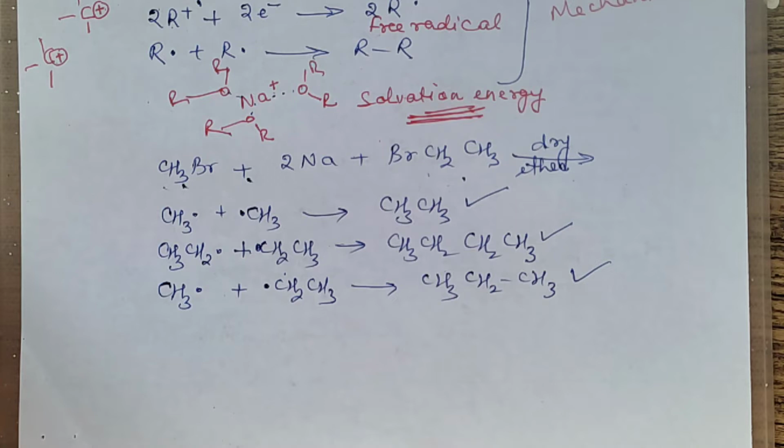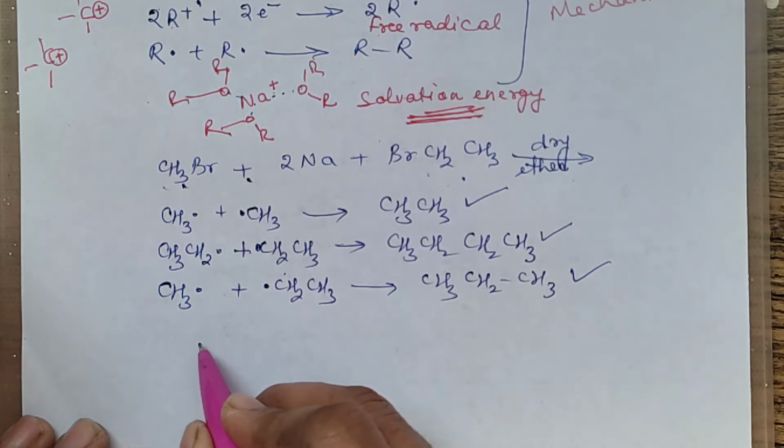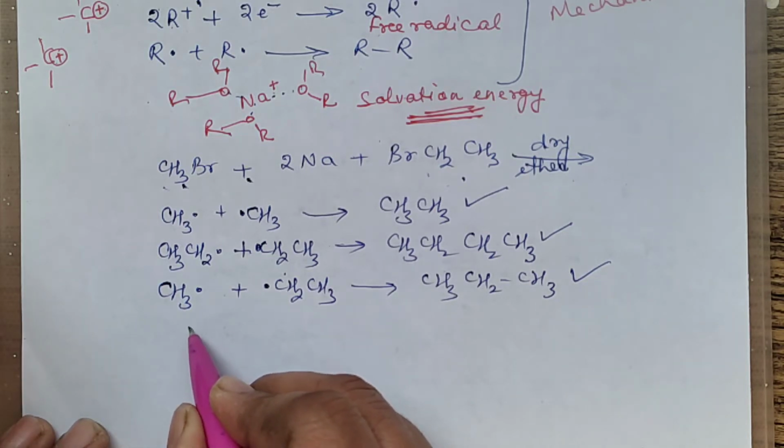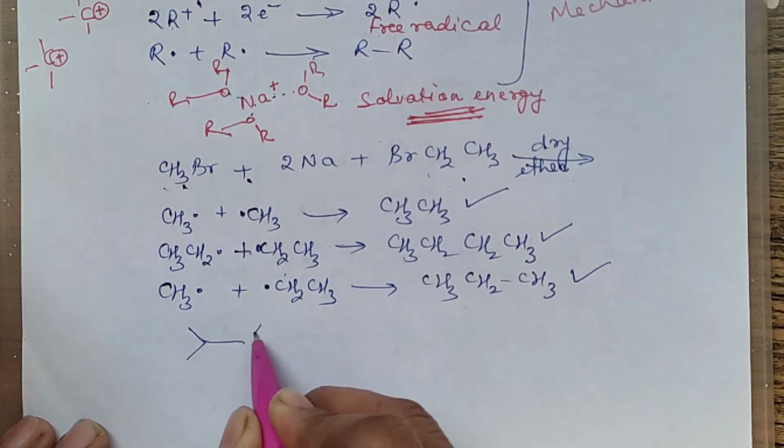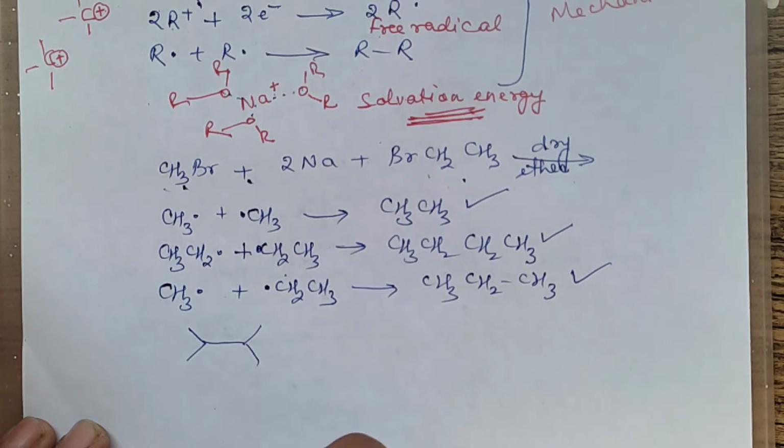Okay, so this type of reaction, that is Wurtz reaction, will be more applicable to prepare the alkanes which are of the symmetrical type. Symmetrical type means, suppose I want to prepare this type in terms of the bond line notation. Say if it is given this, can I prepare this?